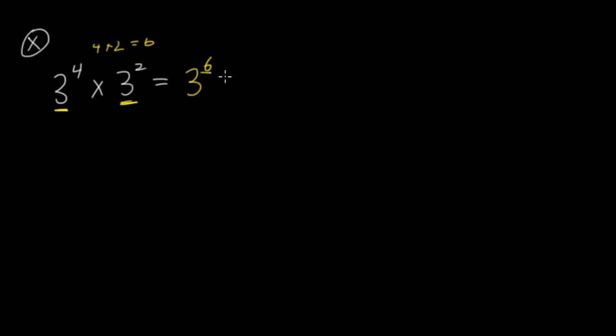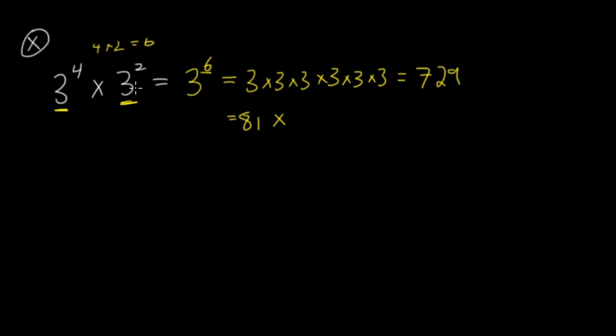Now I can elaborate on this. I can do 3 to the power of 6, 3 times 3 times 3, times 3 times 3 times 3. Now using my calculator, I will get a total of 729. Now, what if I did this separately and multiplied them, just to see if this were really true? 3 to the power of 4 gives me 81, times 3 to the power of 2, which is 9.